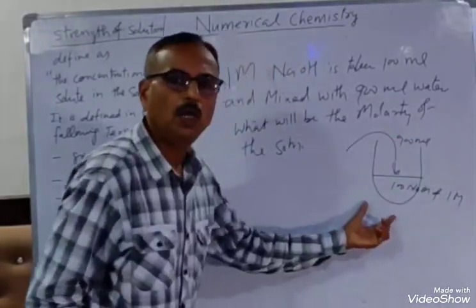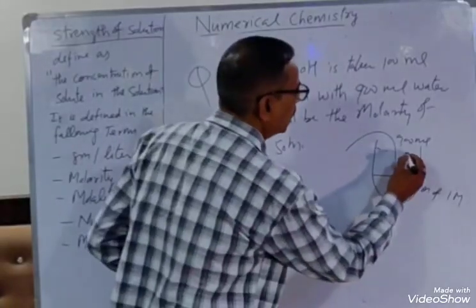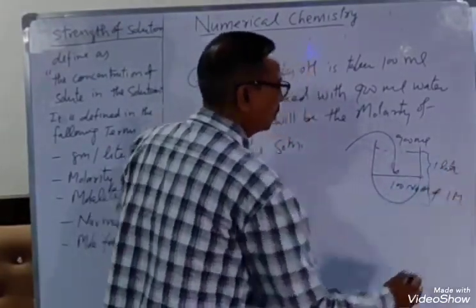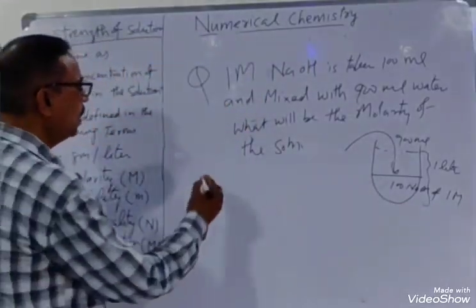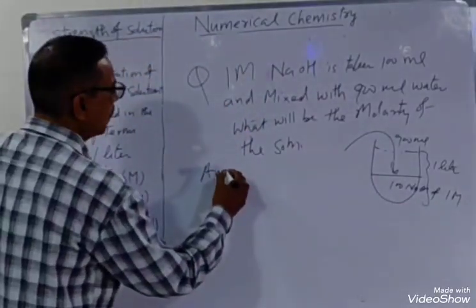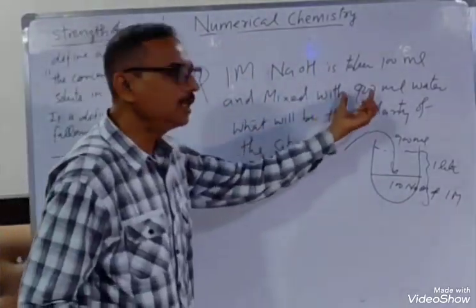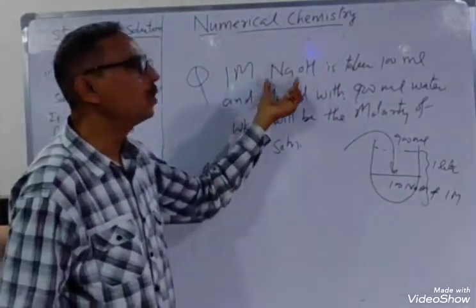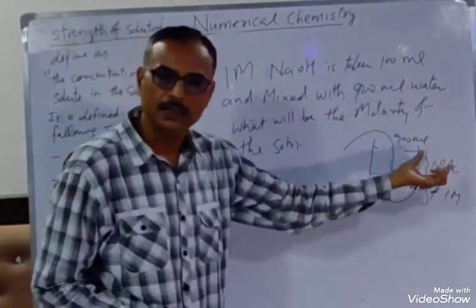Now it will be 1 liter completely. Suppose this is the 1 liter. What will be the molarity? So it is very simple. By adding the water, volume will increase, but the number of moles of NaOH will remain the same.